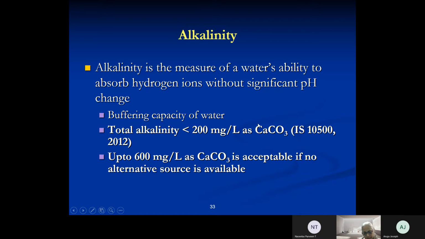So as long as there is sufficient alkalinity in the water, that sulfuric acid will not form and you will get a buffering of the pH. Total alkalinity less than 200 milligrams per liter as CaCO3 is required to ensure that there is no change in pH and we want a neutral pH.